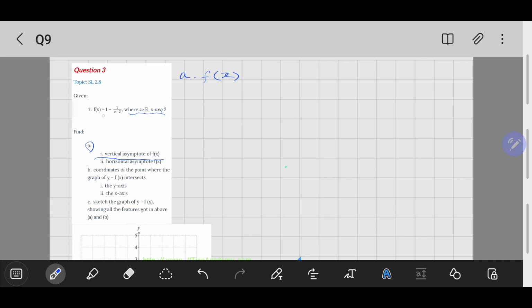For our function here, the first value is a constant, but if we look at the second term, negative 1 over x minus 2, this is undefined when x is equal to 2, since 2 minus 2 would make the denominator equal 0. And so the vertical asymptote is x is equal to 2. So that will be the answer for question A.